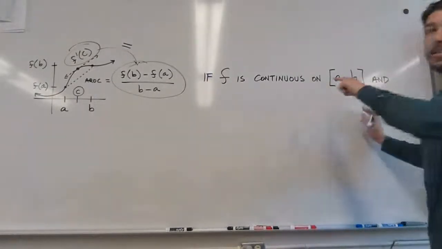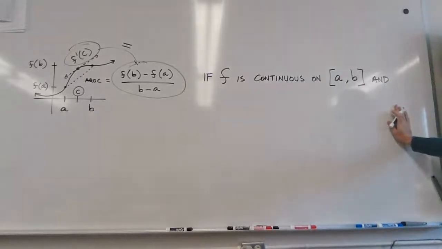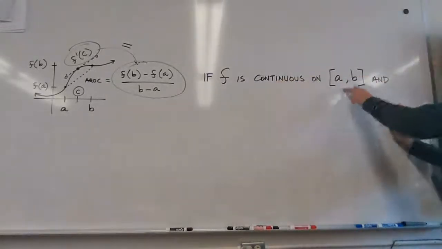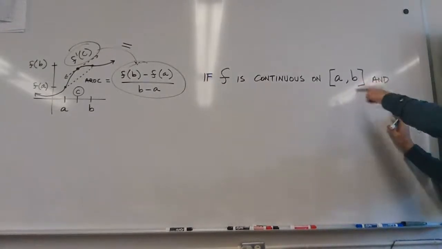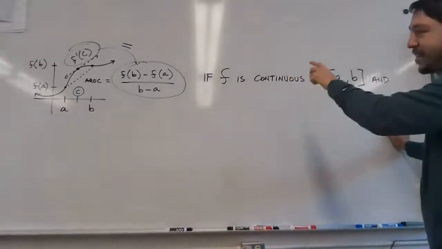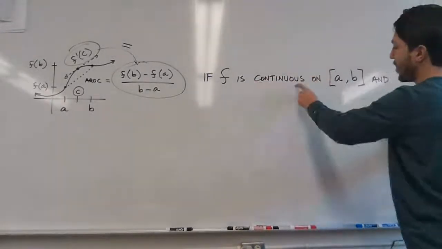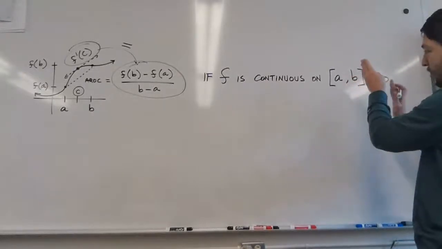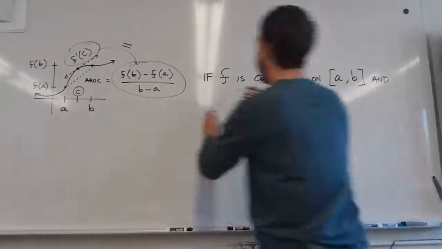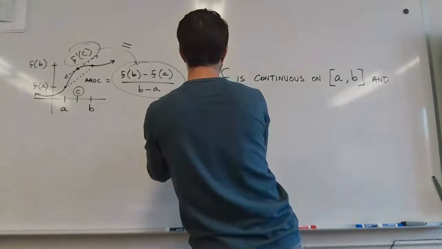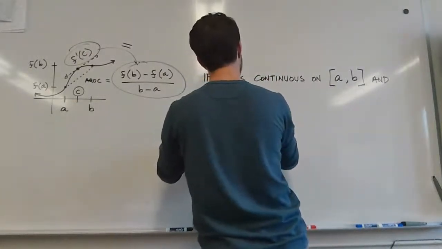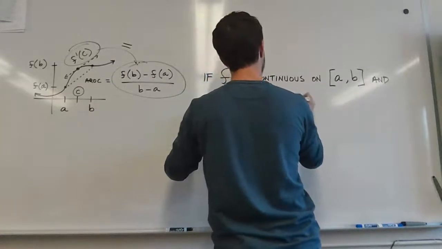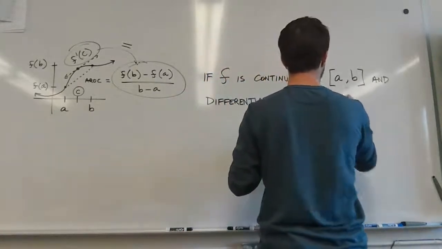I love what you thought of, that's great, because you could certainly just skip this and say if f is differentiable from a to b, you're all set. But this will actually give us slightly more functions that the theorem applies to. It might sound ridiculous, but f is continuous on the closed interval, meaning including a and b, and differentiable on the open interval from a to b.